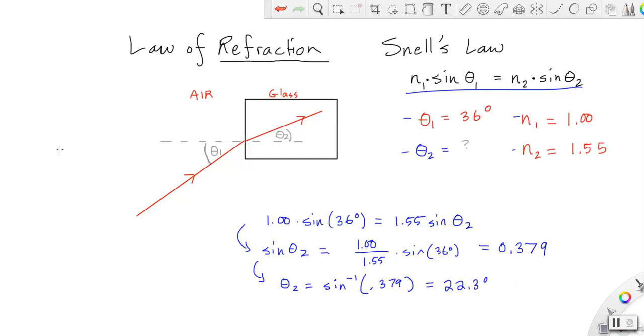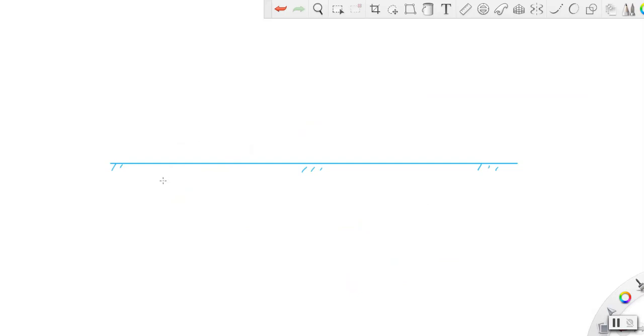I would like for you to notice that if we are to take a swimming pool, for instance, we can look at the case where we have light going into the pool and we have light going out of the pool. So let's do that real quick. Now here I have the surface of the water, so everything below that is water and everything above it is air. So let's go ahead and label that.